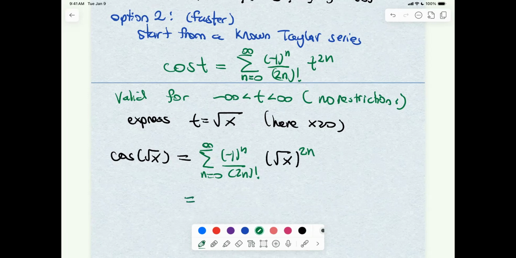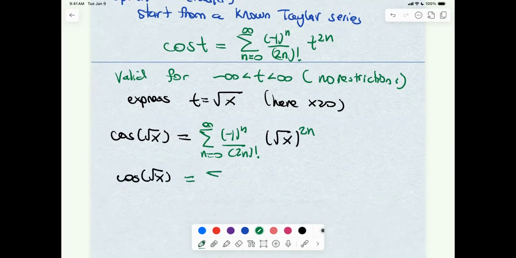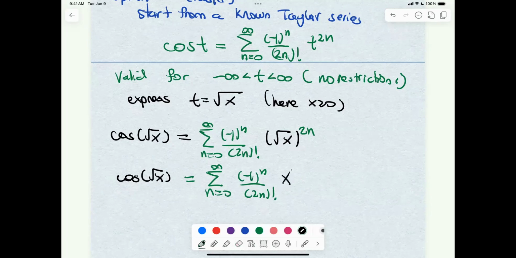So the Taylor series for cosine of root of x would be negative 1 to the n over 2n factorial of x to the n. Oh, let me continue writing the last term in black, just to show you what the change was.